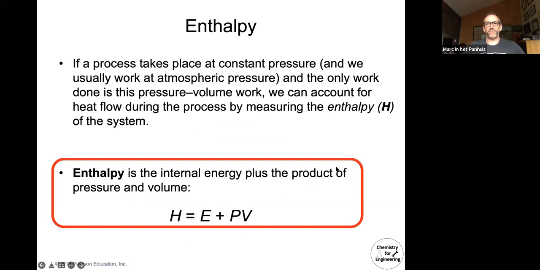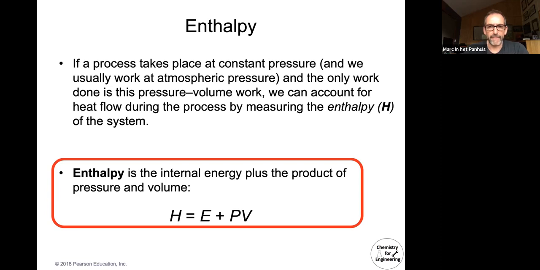And that sort of takes us to the definition of another thermodynamic entity, which is called enthalpy. This usually works if we assume that we are working at constant pressure. So if you think back to the laboratories that we did, in our labs the pressure doesn't really change.